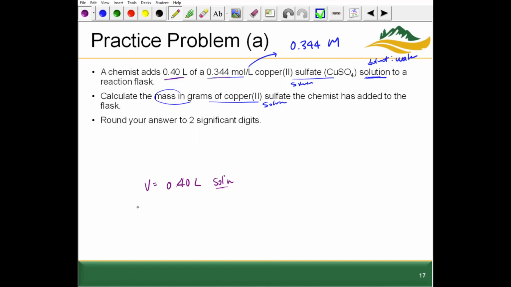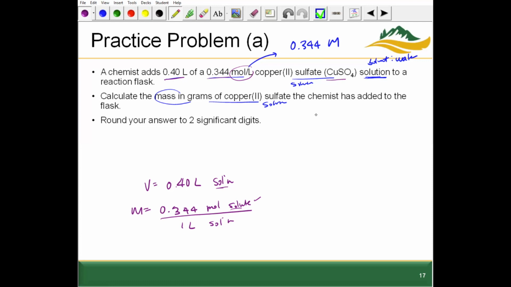Then we have this molarity here. This is 0.344 moles of solute per 1 liter of solution. So again, I like to take this molarity term and write it out. We could even substitute in this term here, copper 2 sulfate, because that's our solute.